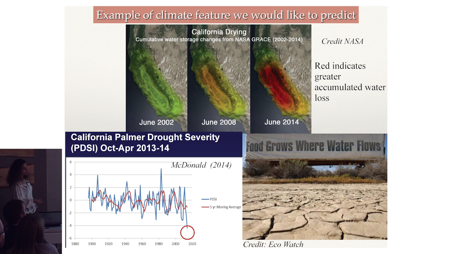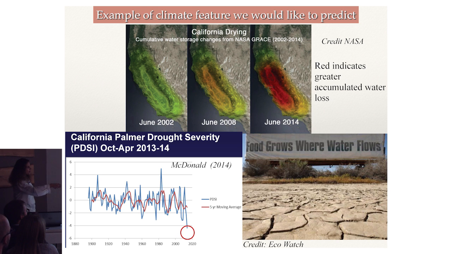You probably heard that the California region, in the United States, had experienced really dramatic droughts over the past few years. Between 2011 and 2015, it was the driest years ever recorded. And it's nicely illustrated here from this satellite measurement by the NASA GRACE satellite that shows the loss in accumulated water.